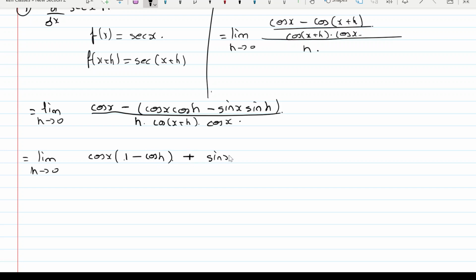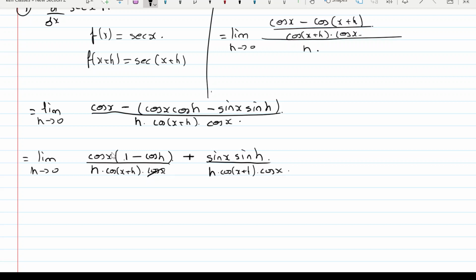sine x sine h, and I'll separate the denominators. So it is h into cos of x plus h into cos x divided by h into cos of x plus h into cos x.